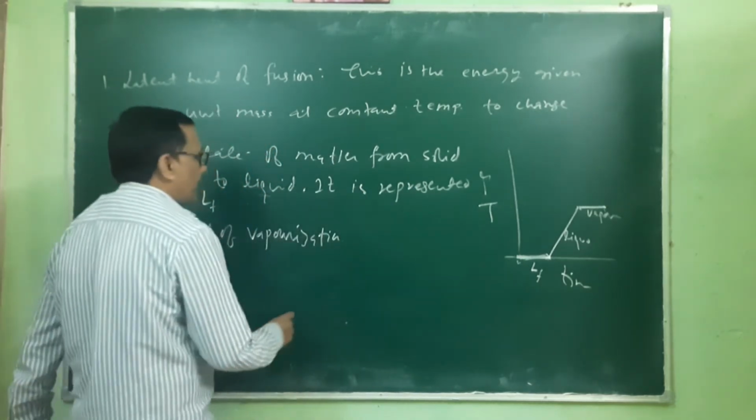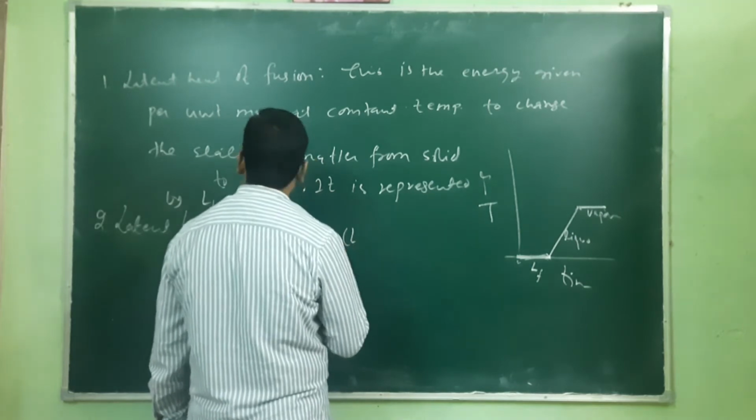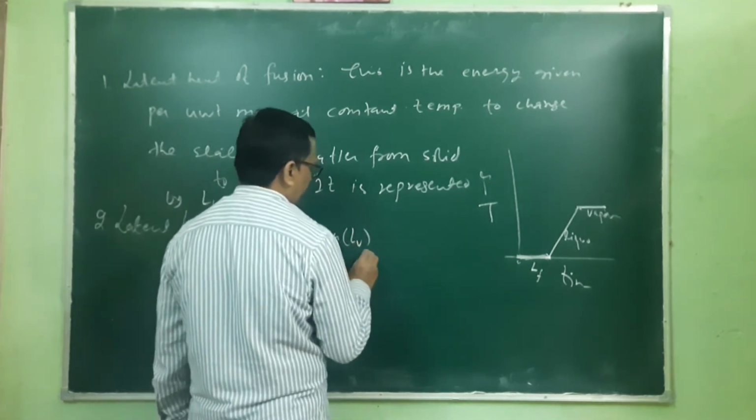And second is the latent heat of vaporization, represented by LV or sometimes LP.